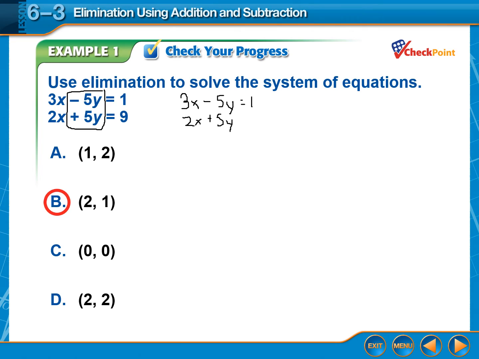So I'm going to take the first equation and add it to the second one. And what that means is I'm just going to combine the x terms, the y terms, and the constant terms on the opposite side of the equation. All right, so I start with 2x plus 3x. And when I add 2x and 3x, I get 5x.